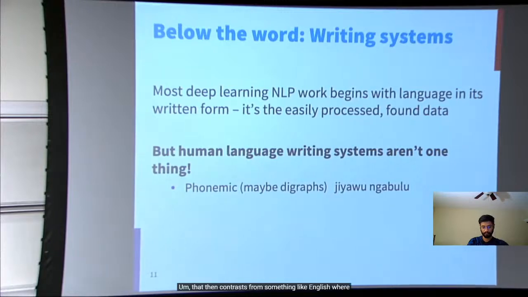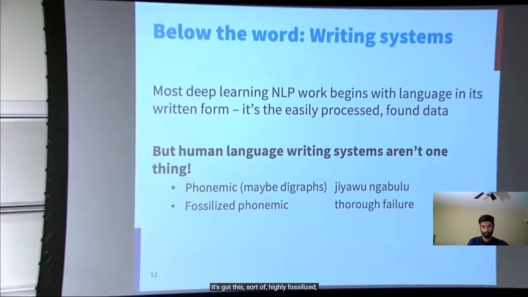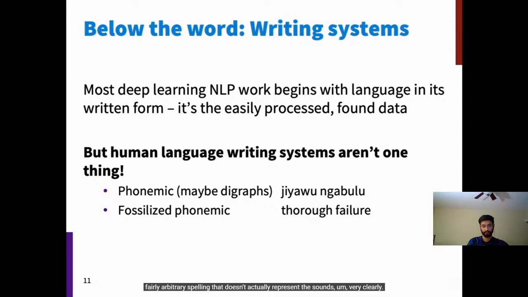That contrasts with something like English, where all the non-native speakers know the spelling is terrible. It's got this highly fossilized, once upon a time phonemic system from the 10th century or something. But now words have fairly arbitrary spelling that doesn't represent the sounds very clearly. But it's sort of a phonemic system.